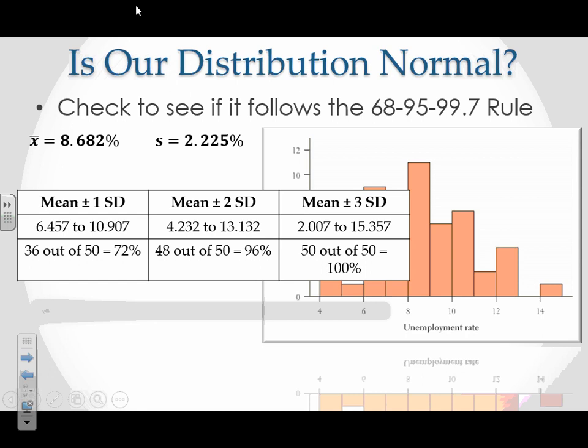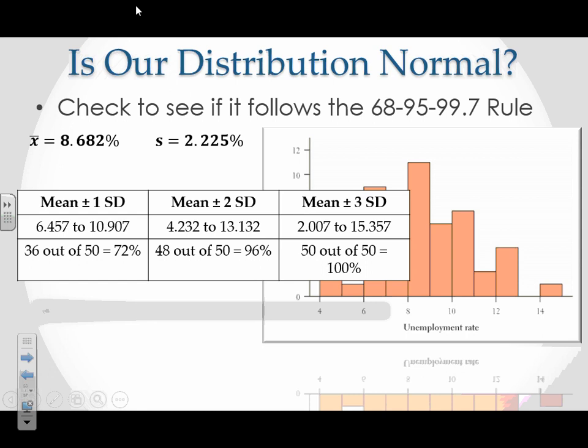I would subtract the standard deviation. So 8.682 minus 2.225 gives me a cutoff, 6.457. So our normal distribution says 68% of our observations should be between 6.457 and 10.907.